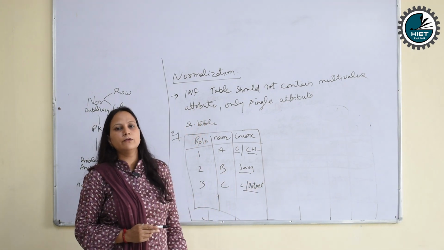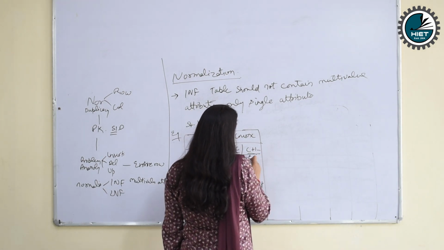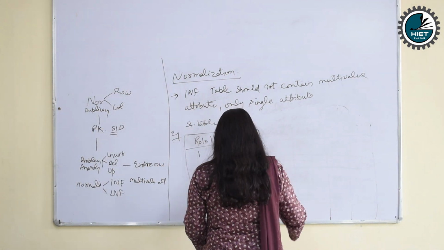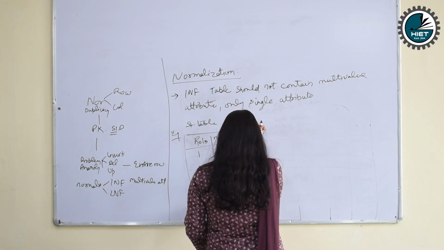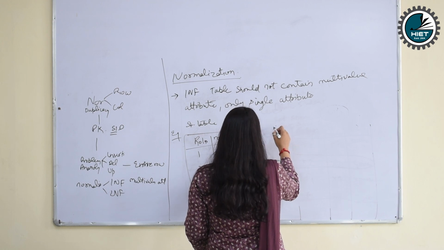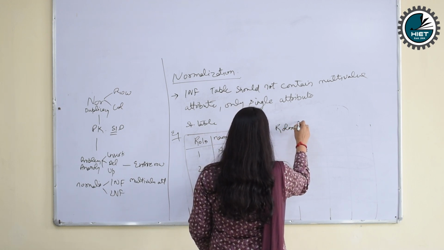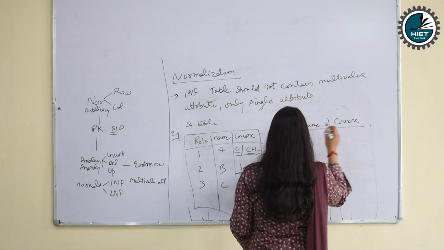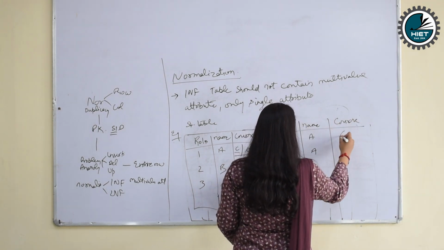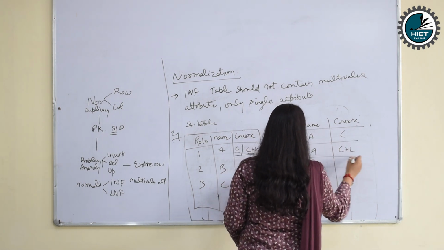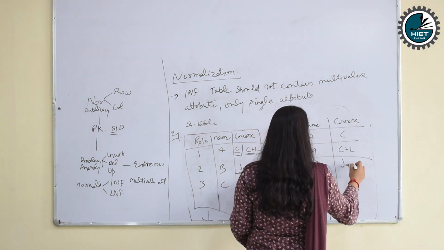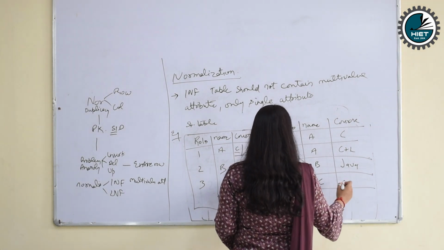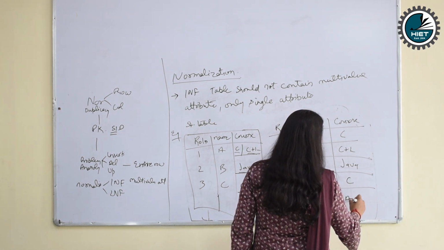So for converting this table into 1NF, we have to change its attributes, and we can do this in two ways. First: roll number, name and course. 1, A, C; 1, A, C++; 2, B, Java; 3, C, C; 3, C, .NET.